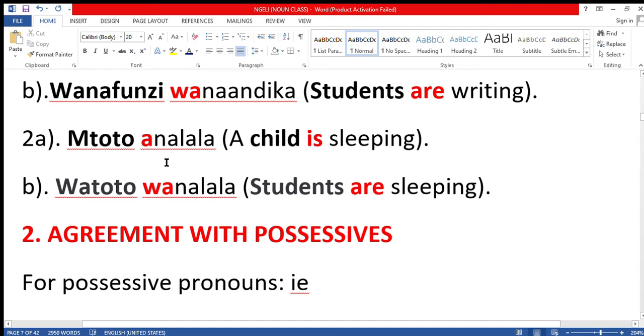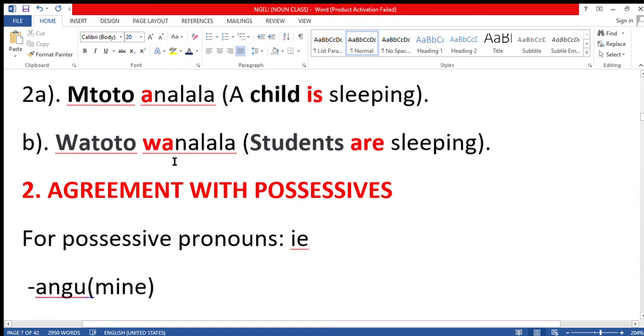Mtoto analala. Lala is a verb which means sleep. Then in plural form it will be watoto wanalala.